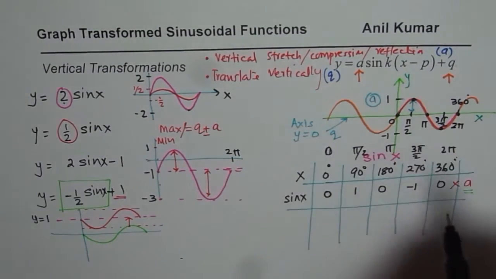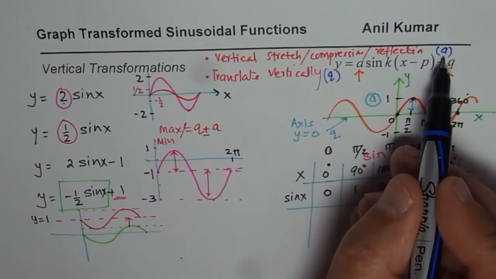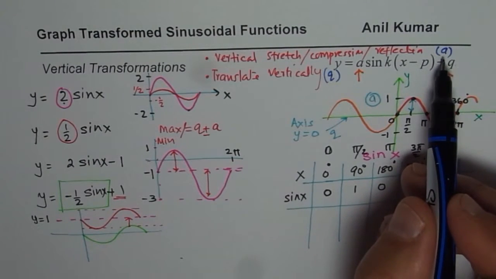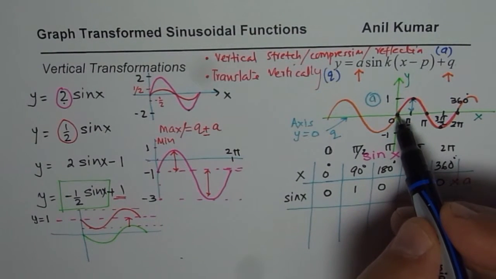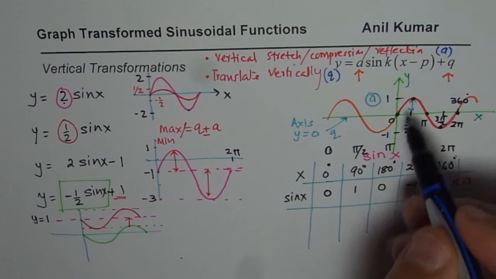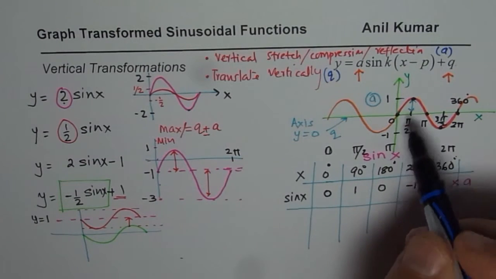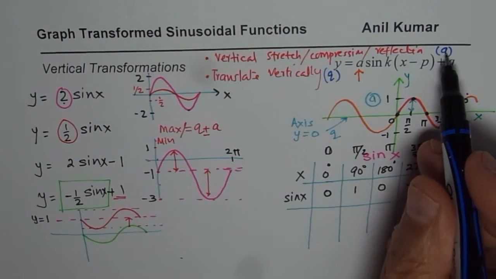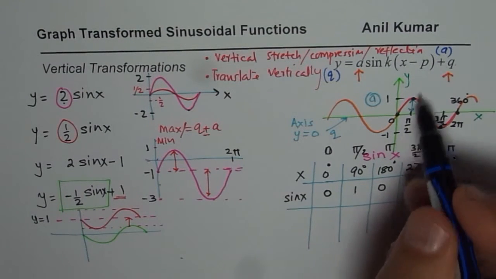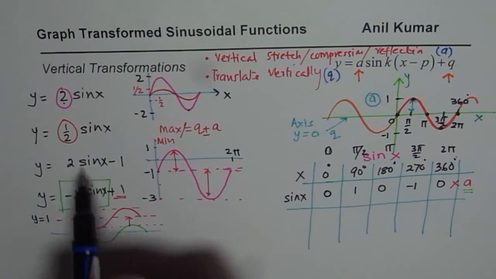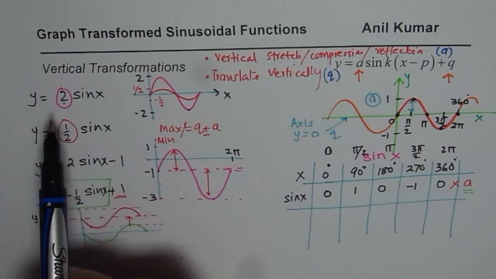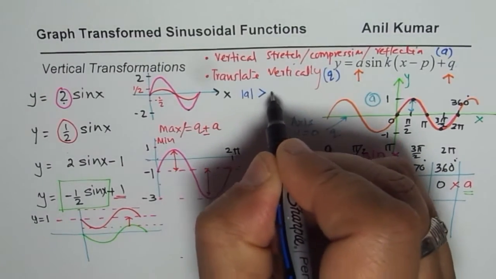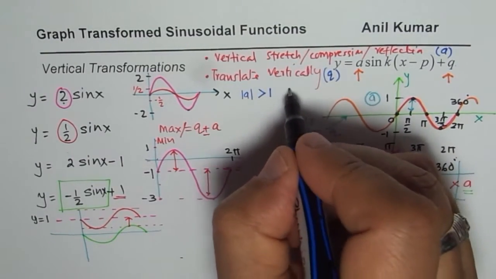Now let's summarize here what happens with a. If absolute value of a is greater than 1, then it's vertically stretched. If the absolute value is less than 1, then it is compressed, as we saw in these cases, correct?